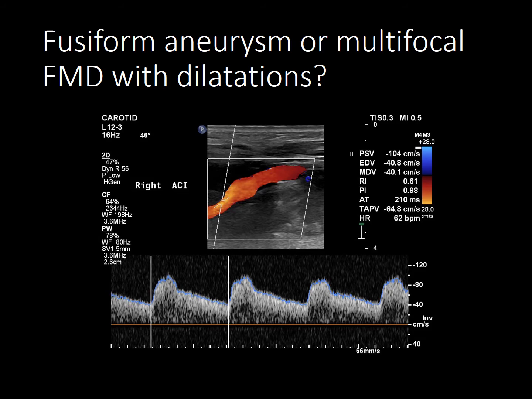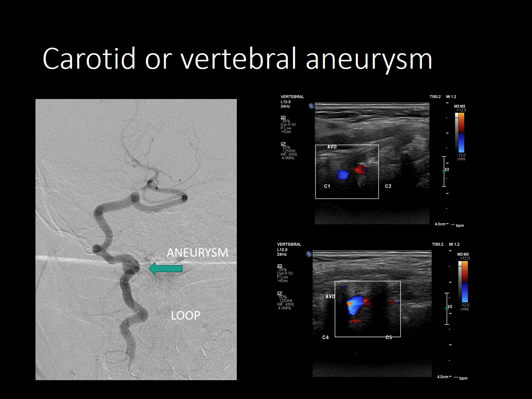And then you see here, is this a fusiform aneurysm, or is this a multifocal FMD with dilatation? You see here a patient with an extracranial aneurysm, and also a loop of the same vertebral artery.